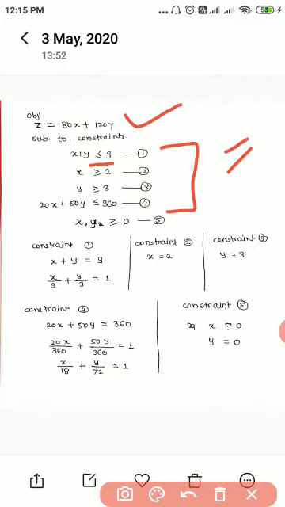into the equality sign. So to do this, I have taken all the constraints one by one. So let's see constraint 1. Constraint 1 is given as x plus y less than or equal to 9, but I have converted it into the equality sign as x plus y is equal to 9.